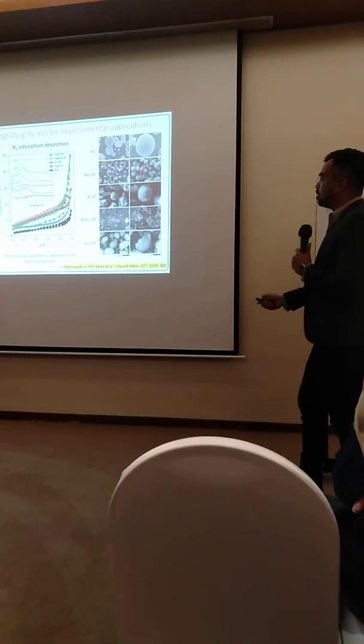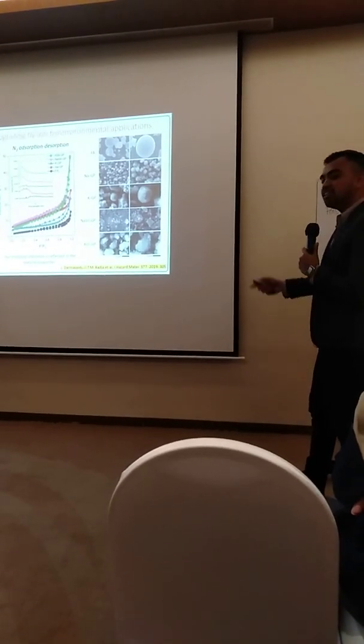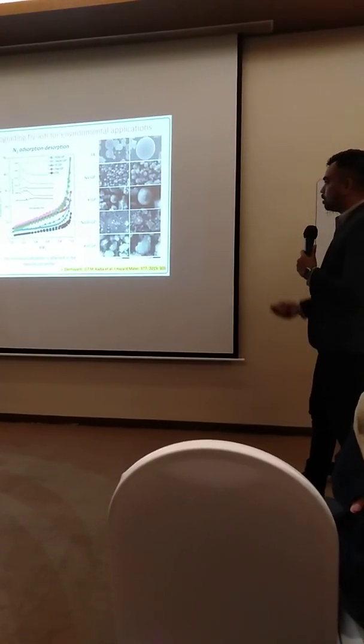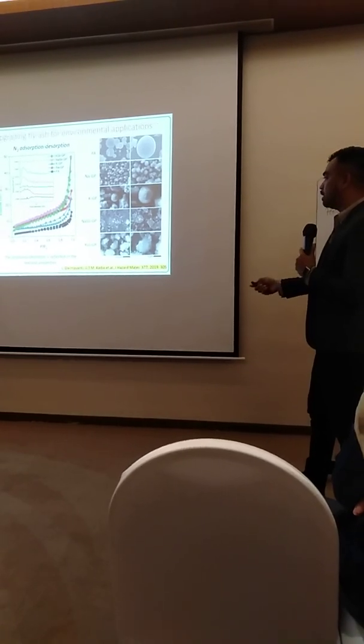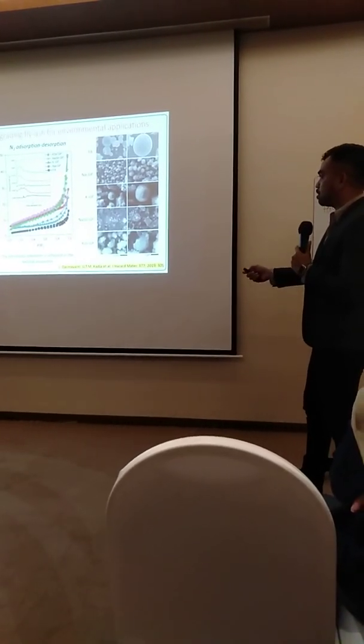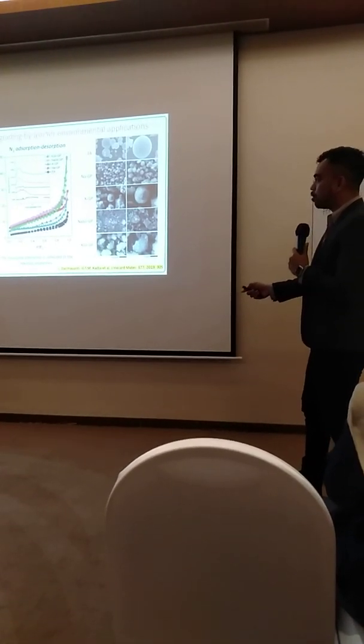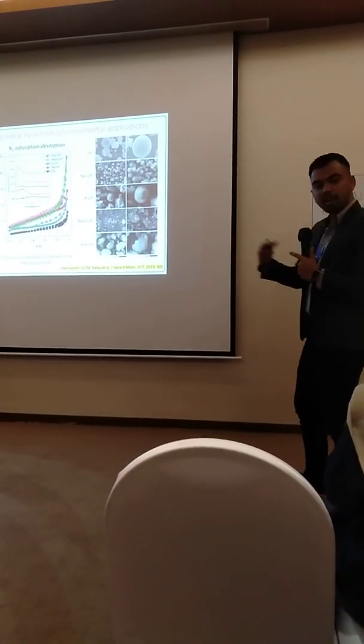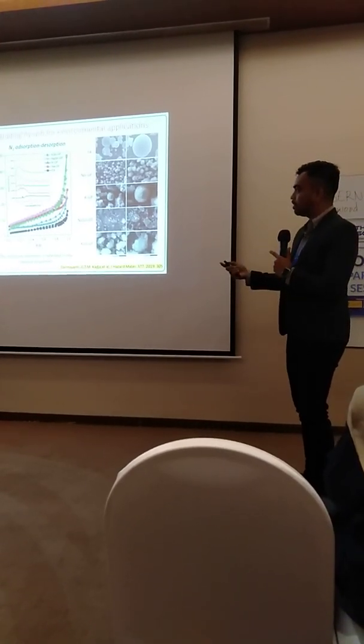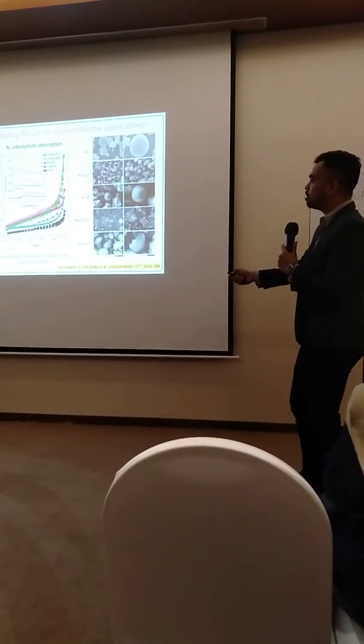You'll see this is the NLDFT pore size distribution of the samples. See, fly ash has a very broad distribution, but when it is treated with alkaline solution, it shifts.